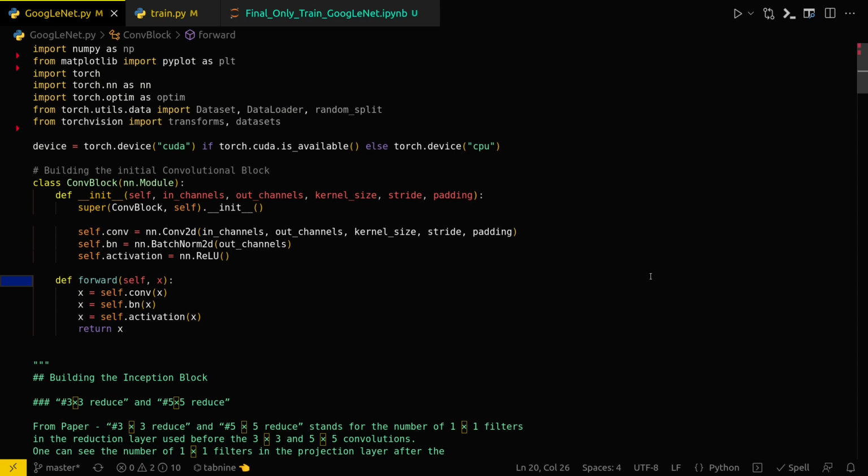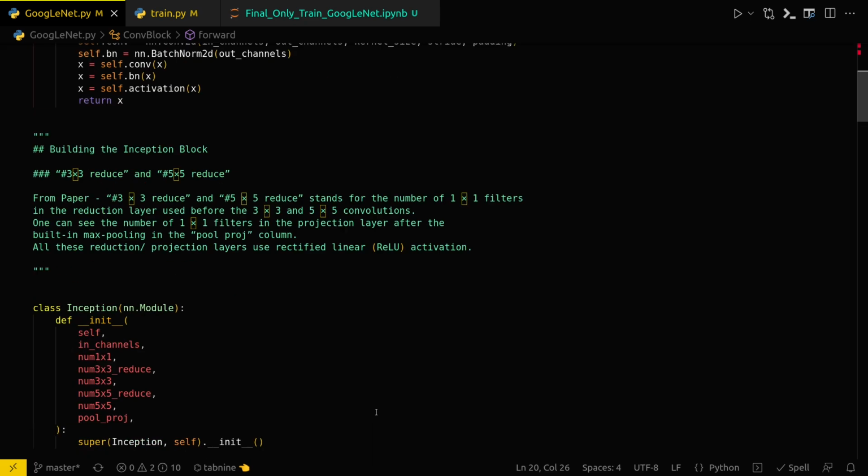Now finally, I am back in my VS Code to implement the entire architecture from scratch with PyTorch. I will have 3 files. One is GoogleNet.py. This Python file will have all the architectures, all the 4 classes. This is the main skeleton of my architecture.